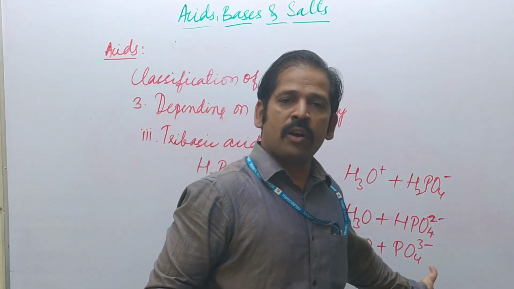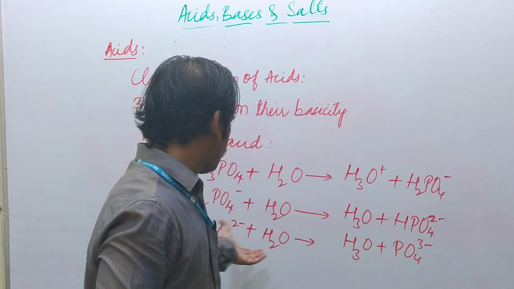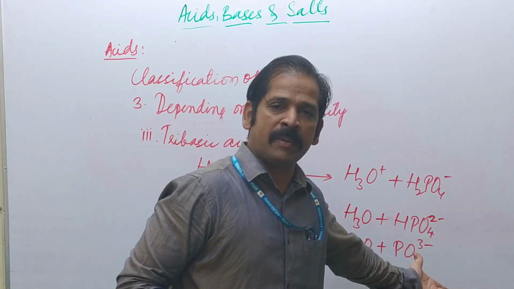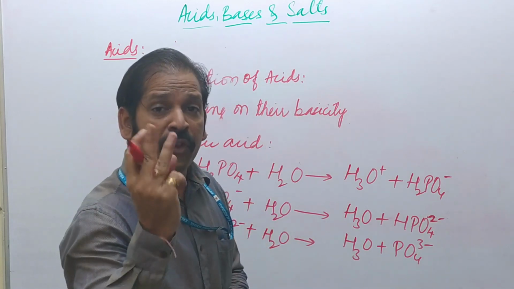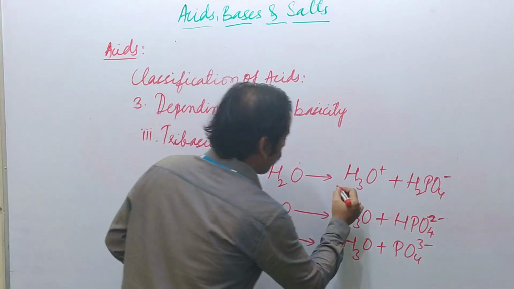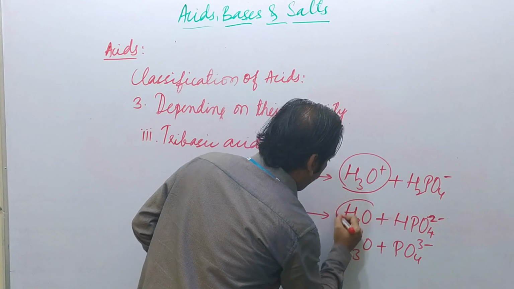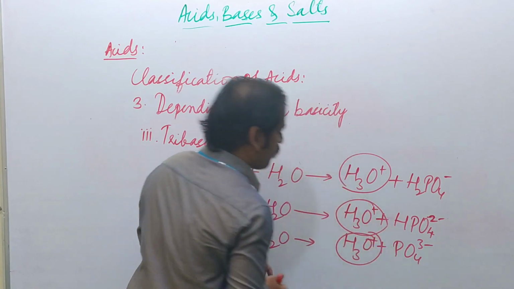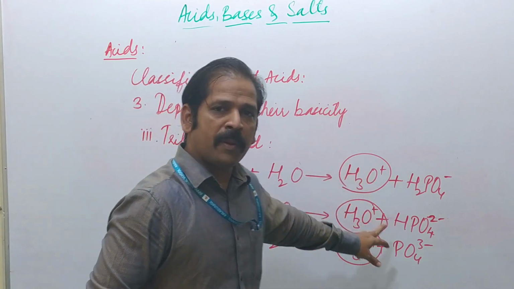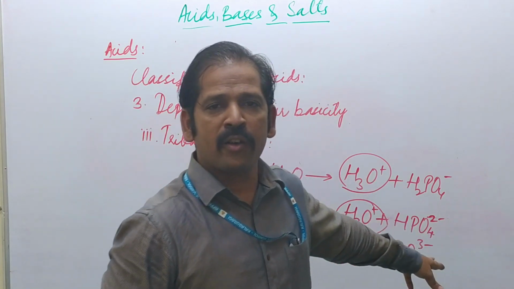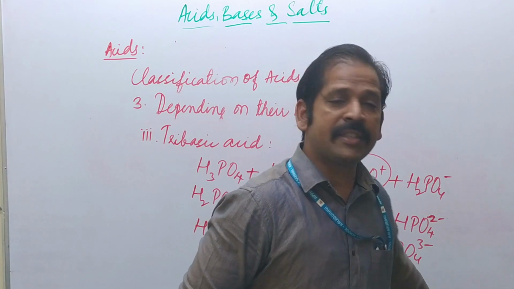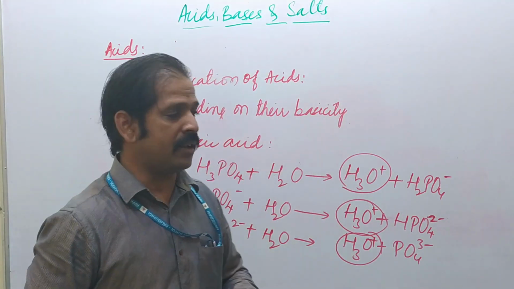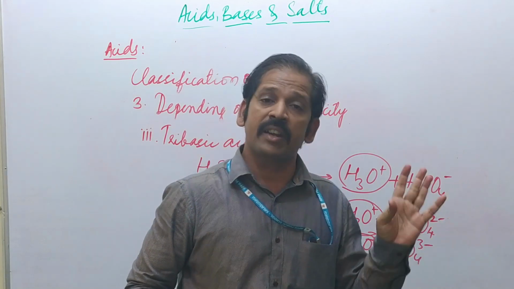Yes, at last HPO4 is becoming PO4 3 minus and we have got 3 hydronium ions: H3O plus, H3O plus, H3O plus. 3 hydrogen ions from an acid. This acid is considered a tribasic acid.